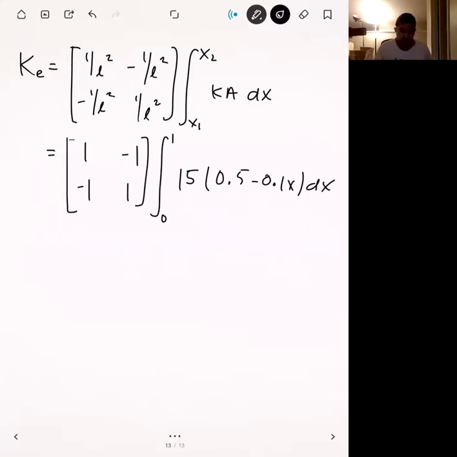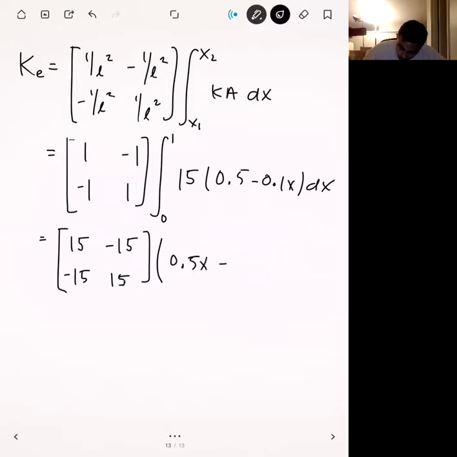All right, so let me go ahead and factor out the 15 from inside there. And then I'm going to factor out the 15 and multiply it through, and so we have 15, -15, -15, 15. And then we have integral of 0.5 minus 0.1x, and so this is going to be 0.5x minus 0.05x squared, evaluated from 0 to 1. And so we plug in for that.